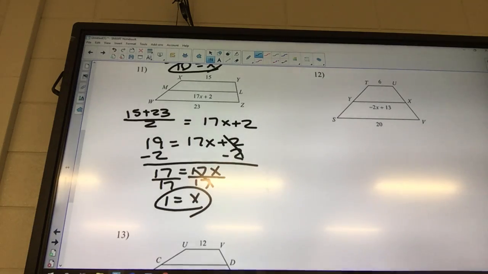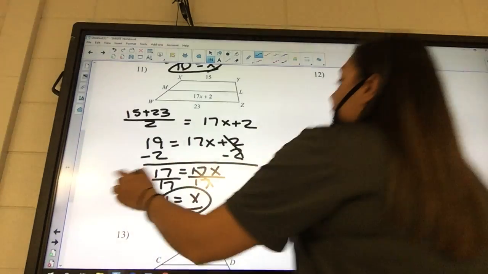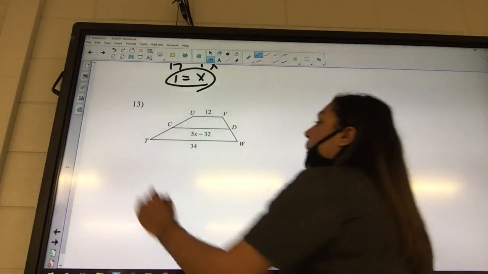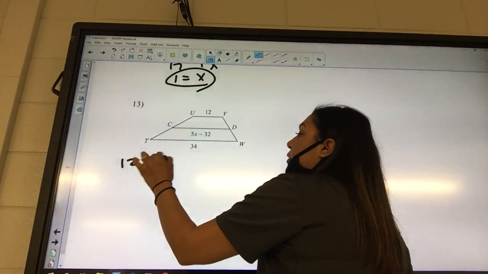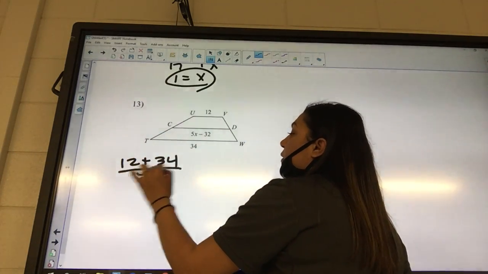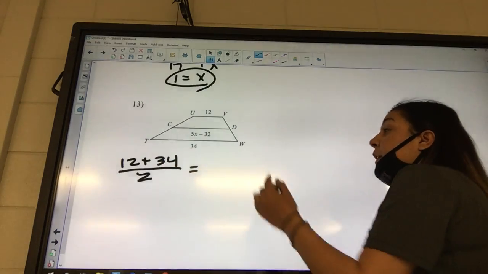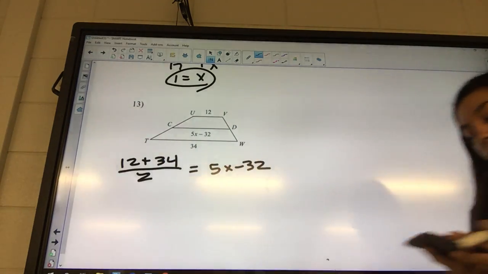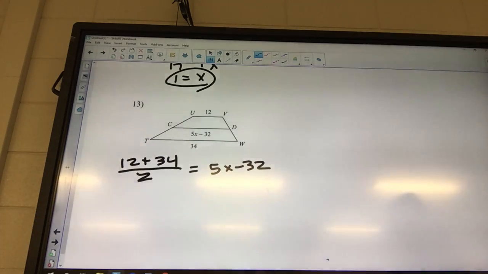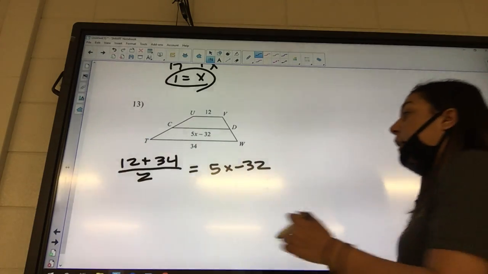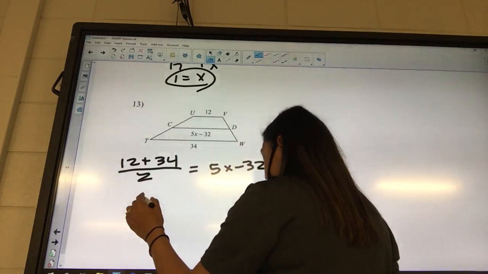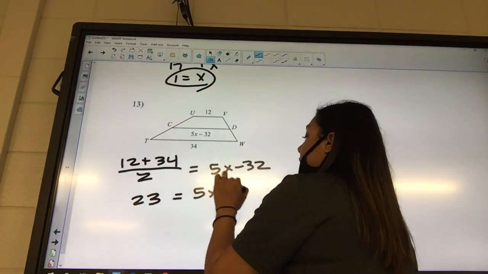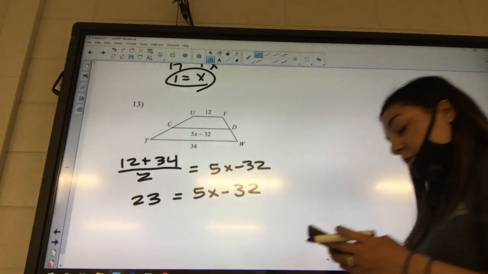Okay, look at 13. We got 12 on top plus the bottom, which is 34, divided by 2. It's going to equal the middle, which is 5x minus 32. So 12 plus 34 divided by 2 is 23, equals 5x minus 32.